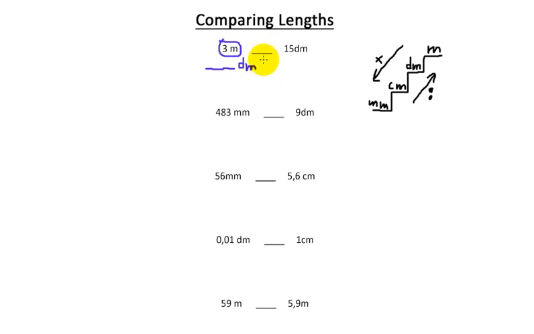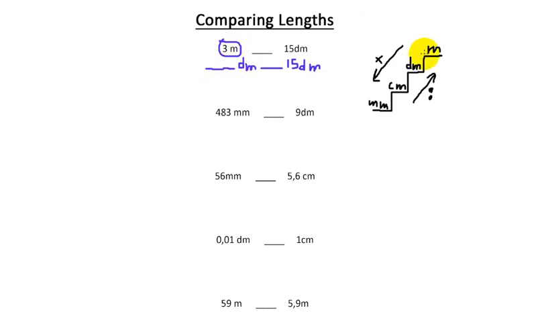Then instead of putting plus or minus like we did up until now, we're going to put this line of comparison, and we're going to put 15 decimeters on this side. On the line, I'm going to write the calculation I need to do in order to convert these 3 meters into decimeters. So what would I need to do?